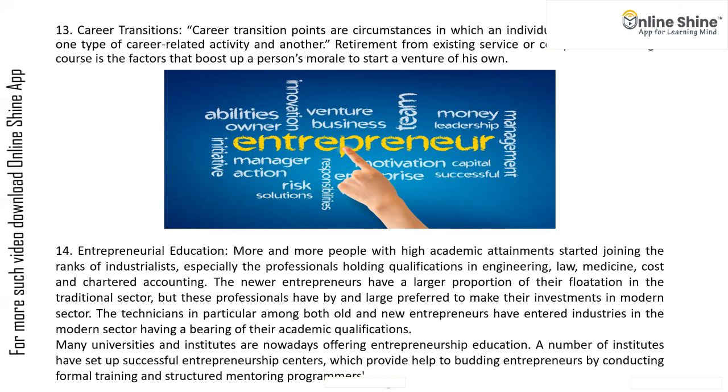The newer entrepreneurs have a large proportion of their flotation in the traditional sector, but these professionals have by and large preferred to make their investments in the modern sector. The technicians in particular among both old and new entrepreneurs have entered industries in the modern sector having a bearing on their academic qualifications. Many universities and institutes are nowadays offering entrepreneurship education.